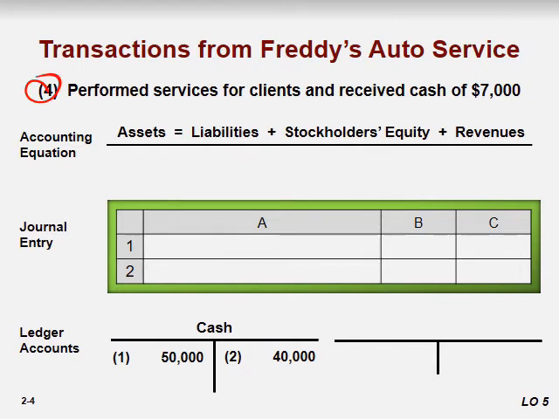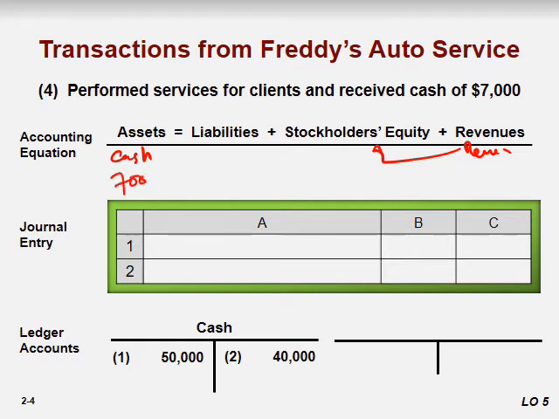Similarly with the fourth one, that is performed services for the clients and received cash. So cash received, how much? I'm not writing down the accounts here. I assume that you already know, but you must know that there is an account. Okay, just write it here. So a cash, and we have revenue. Revenue is a part of stockholders' equity, right?